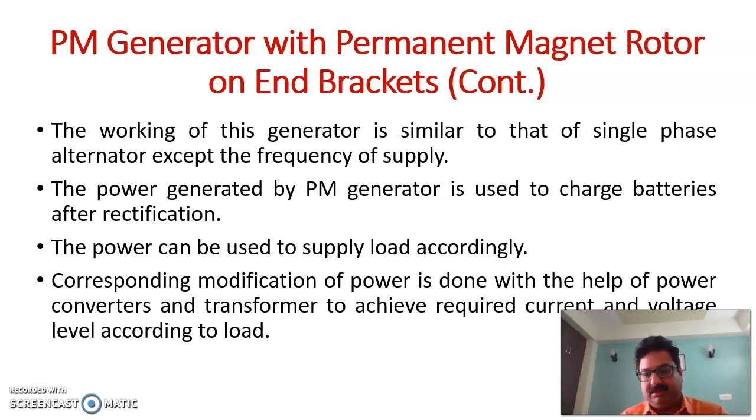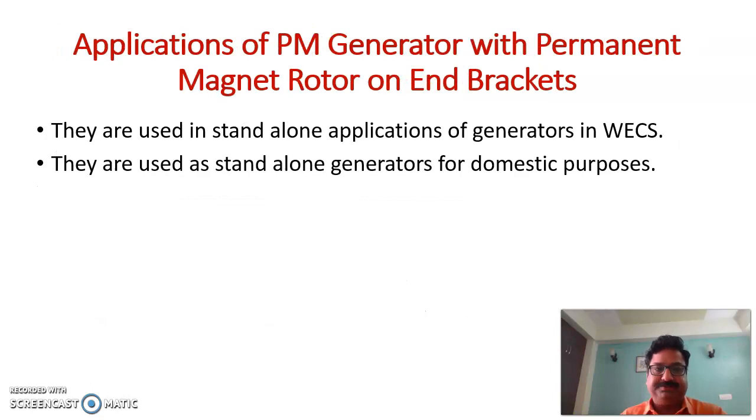So modification of power is done with the help of power converters and transformers, and a required level of current and voltage is achieved to feed the load. So this is all about the construction and its working.